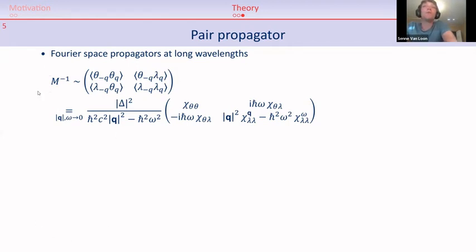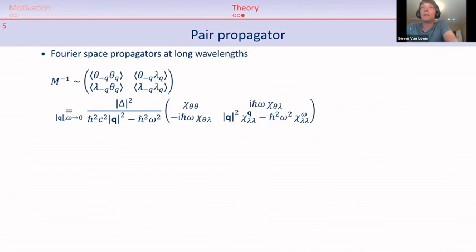And so if you invert this matrix, you get the propagators of the phase and the amplitudes and the mixing terms. And you can see that it has a pole which describes the collective mode frequency in the long wavelength limit, and so you see it's just linear. So it's a phononic mode with c being the speed of sound.